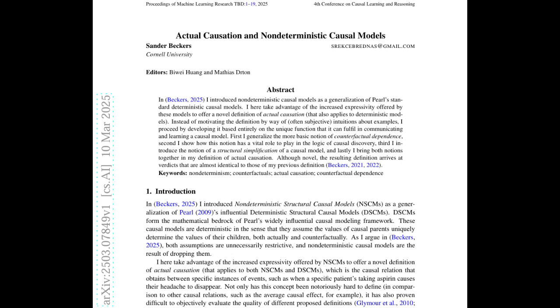This has been a super fascinating deep dive into actual causation, right? We've explored these non-deterministic models. We've talked about counterfactual reasoning and all that. But before we wrap up, I'm curious, what are the practical implications of all this? How can we use these ideas to make better decisions in our lives, to understand the world around us more accurately, and just generally navigate those tricky situations where cause and effect are just so intertwined?